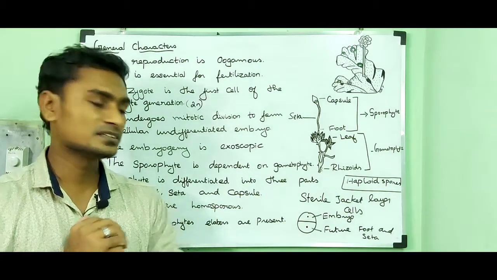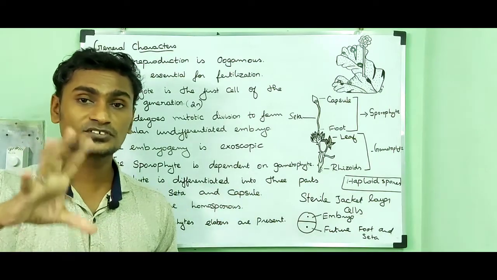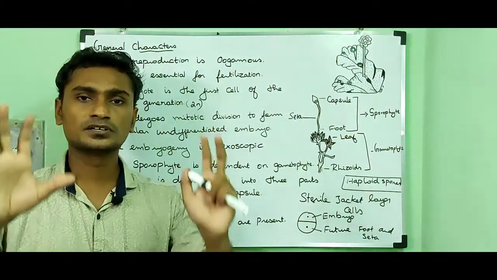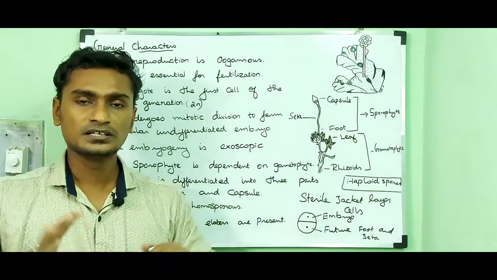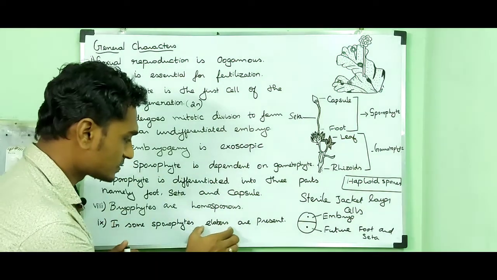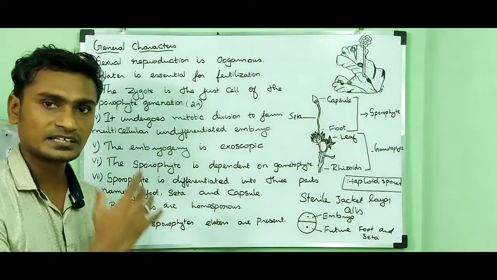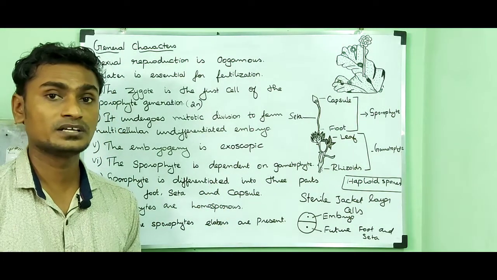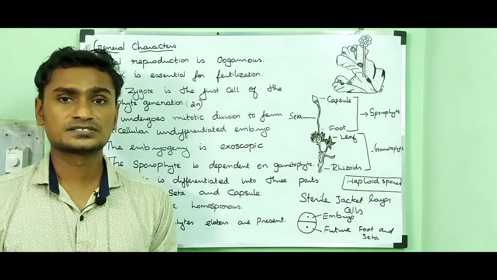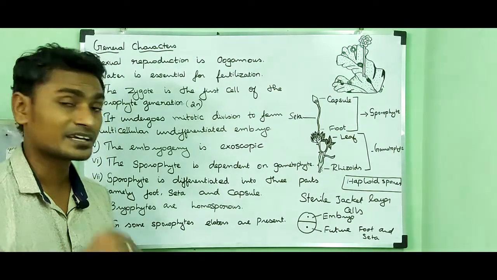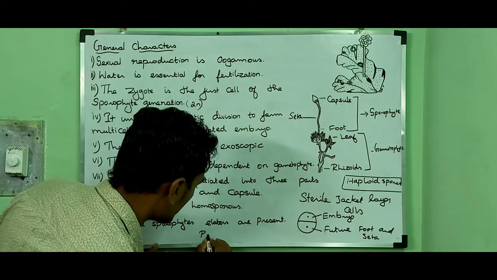Due to the absorption of moisture from the atmosphere, they push the spores out, and that structure is called elaters. Okay? So in liverworts elaters are present. While in the case of Anthoceros Bryophytes, they contain pseudo-elaters.